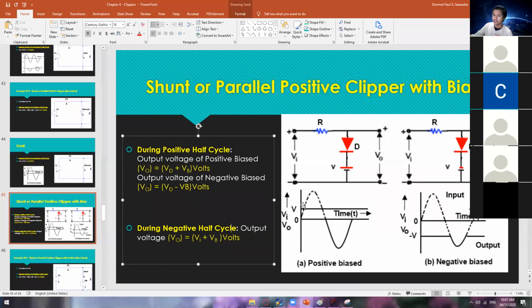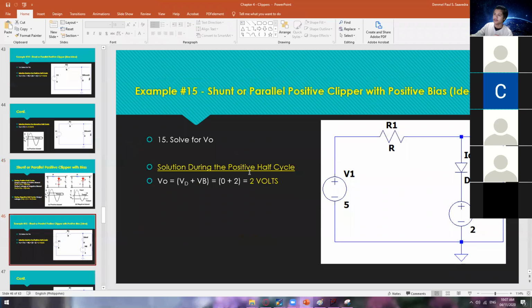Anyway, for you to appreciate this one, we have here an example. A parallel positive clipper with positive bias, and our diode is ideal. Take a look at this one: positive is connected to the positive, negative is connected to the negative, so completely forward bias.